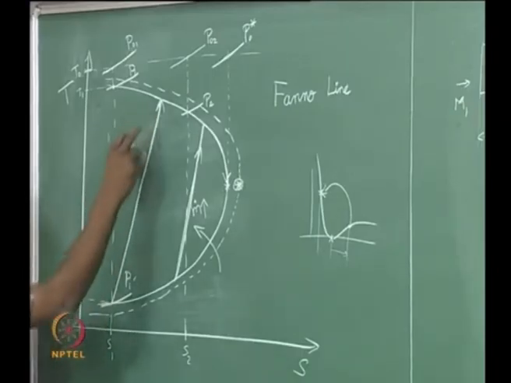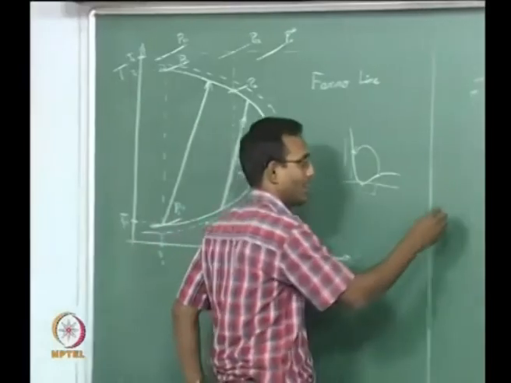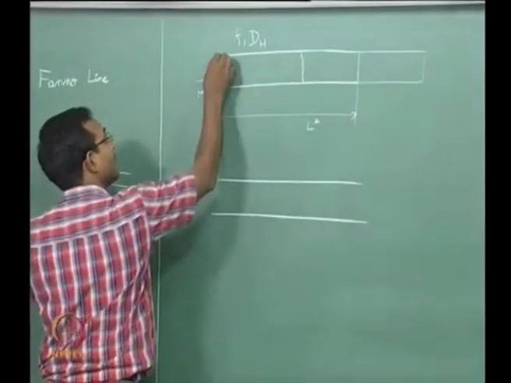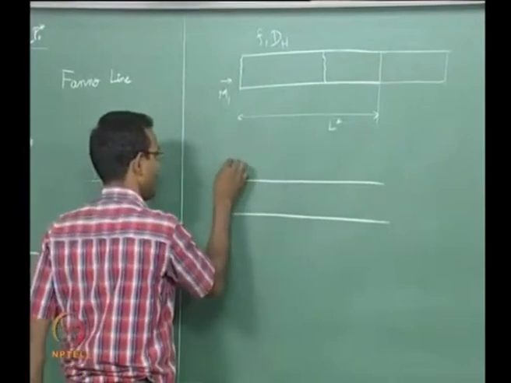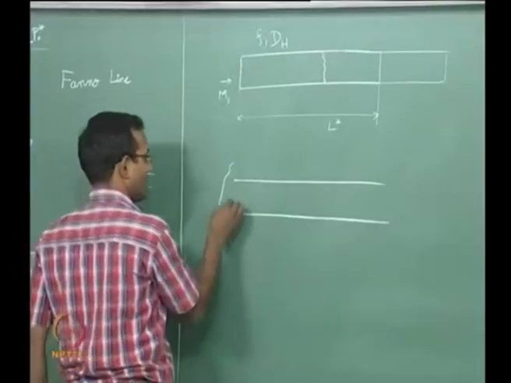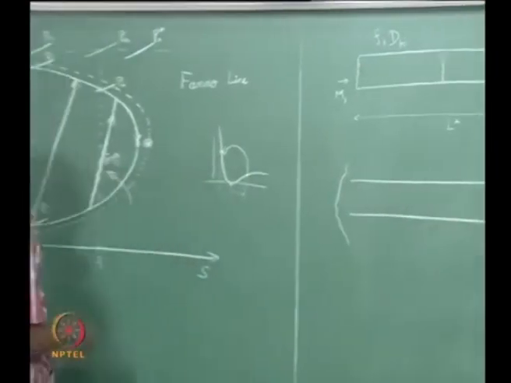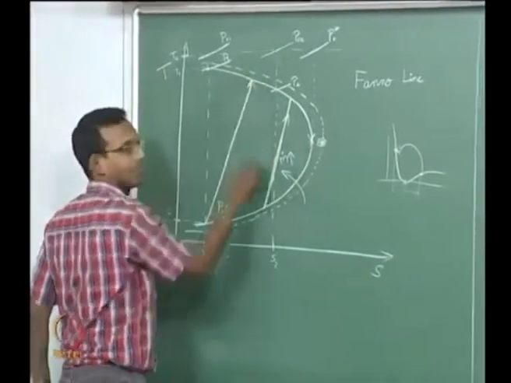I will draw another picture here. I will go till the shock comes to the inlet. If I increase my length any more, then the shock will go sit outside here, and now it is a completely subsonic problem, and I am going to say the length is not enough for this.